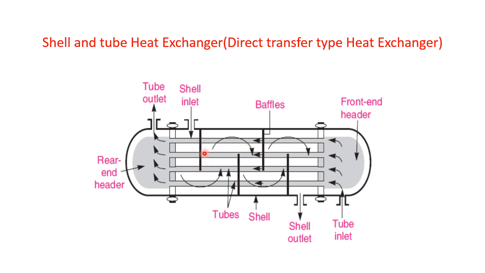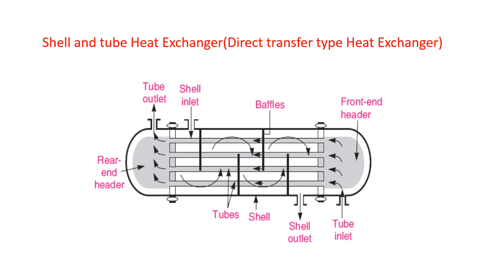If these baffles are not provided, then the shell side fluid may come here and directly go out from here, so that heat transfer will not be effective. For that purpose, these baffle plates are provided.